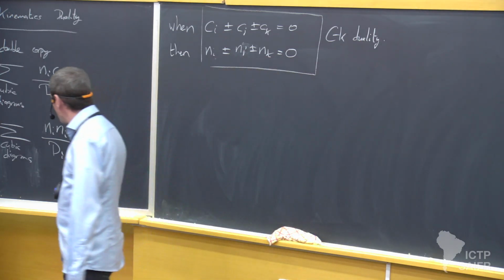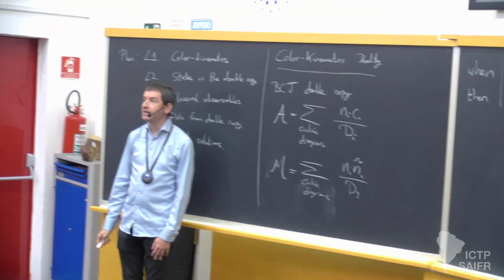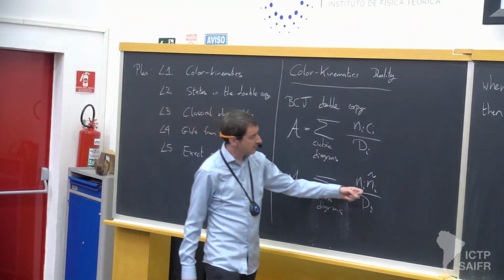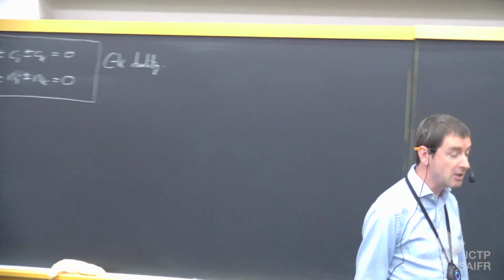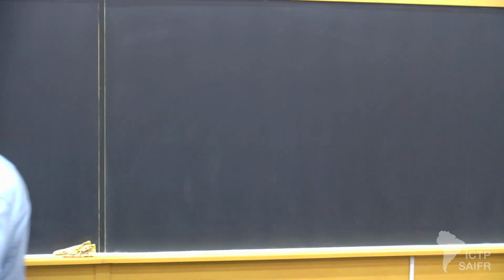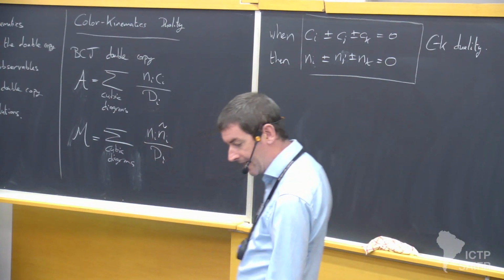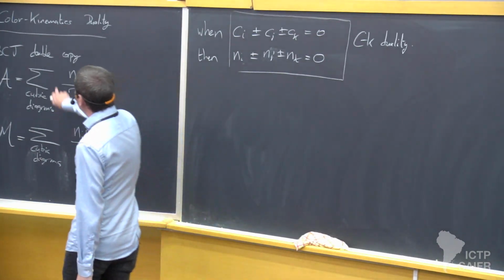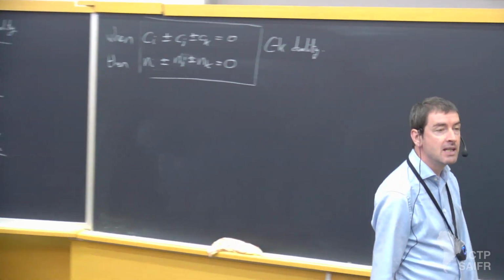Okay, now just some remarks. These numerators don't have to be the same. That could be a numerator in a different theory, for example, pure Yang-Mills, and then Yang-Mills coupled to some matter, some fermions, for example, or some scalars in the representation R, or it could be a supersymmetric theory. I'm ignoring factors of couplings here, just to make my life a little bit easier.